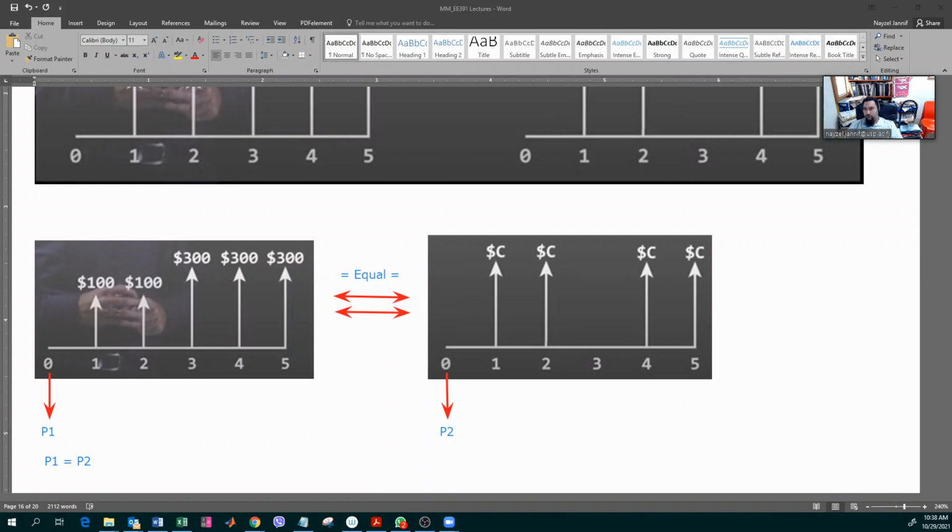Yes, we discount. Yeah, we discount, but discounting is used for future value. We're going to discount the annuity. What happens, students, is we have 2 annuities here, these 2 100s, and then there's another set of 300s.